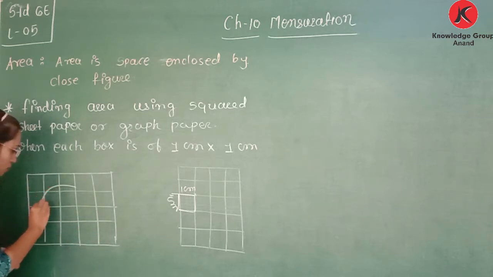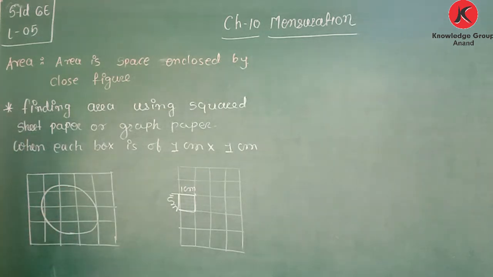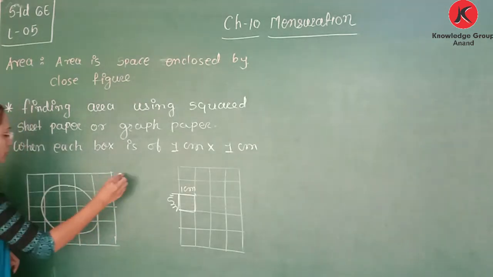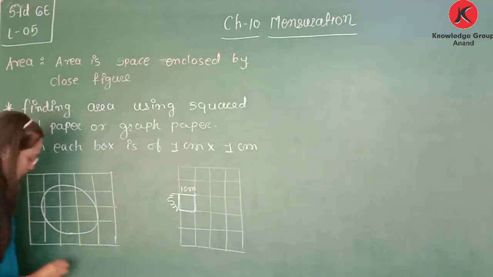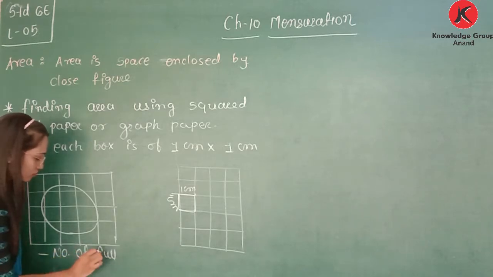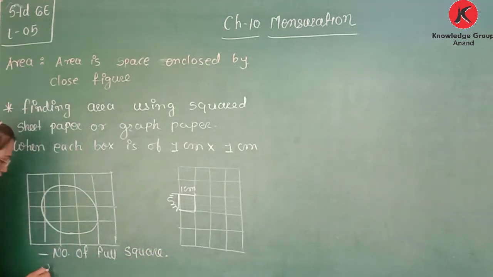Let's say we have a circle. So how can we find the area of this circle? For that we need to find 4 things. First, the number of full squares. Then the number of half squares.